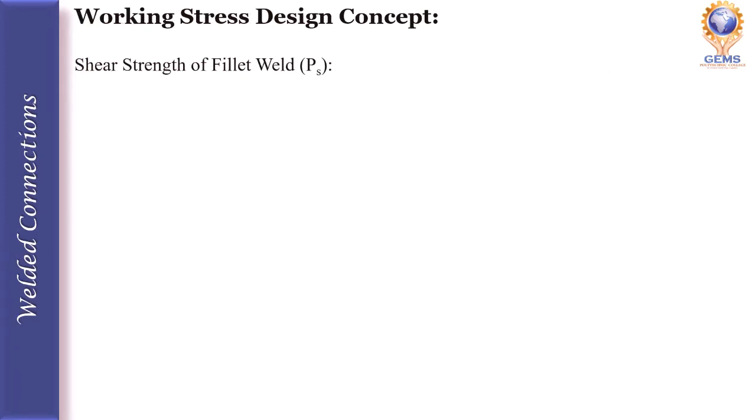Next is the working stress design concept for the fillet weld. In short form, we call it WSM, as per IS 800:1984. The shear strength of the fillet weld Ps is found out by the effective sectional area AE into the permissible shear stress in the weld, tau VF.